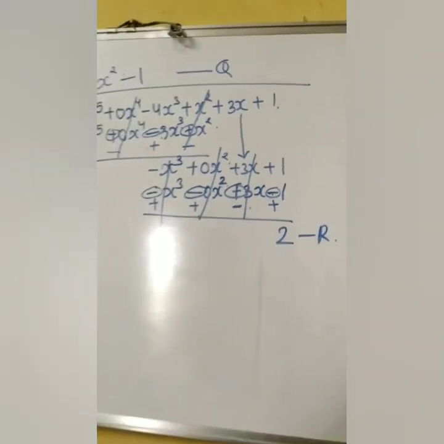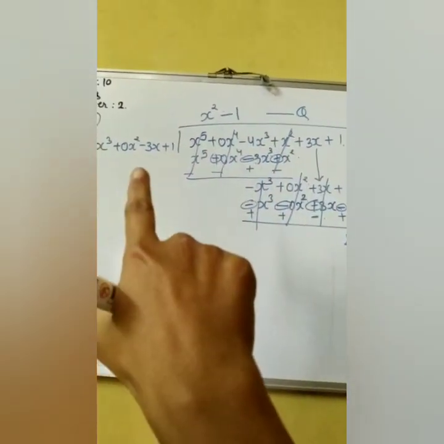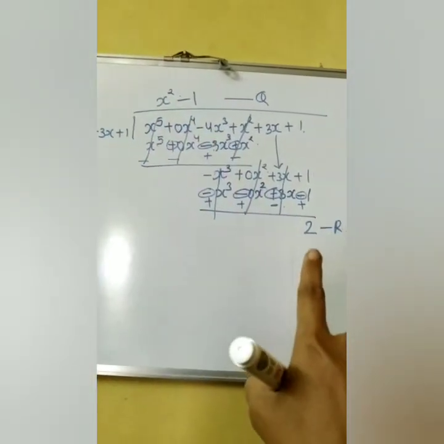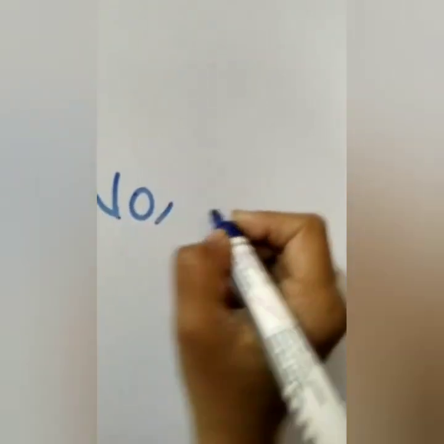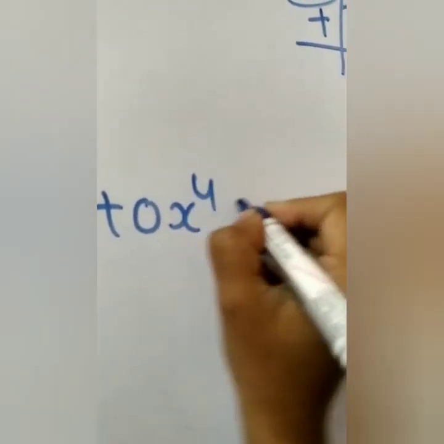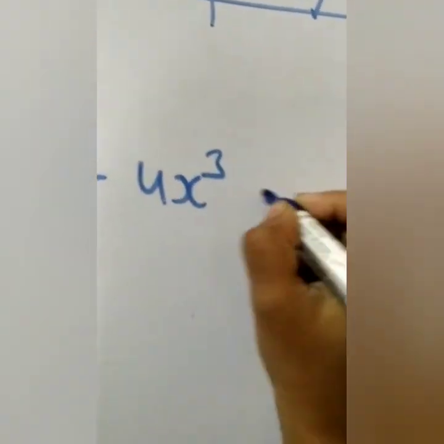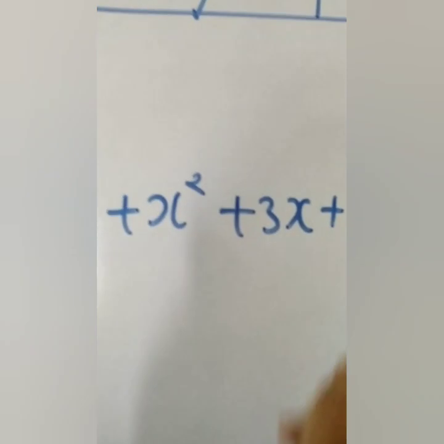They ask us to check whether p of x is divisible by g of x or not. Here we get some remainder, so we will write the answer as no. x raised to 5 plus 0x4 minus 4x cube plus x square plus 3x plus 2.